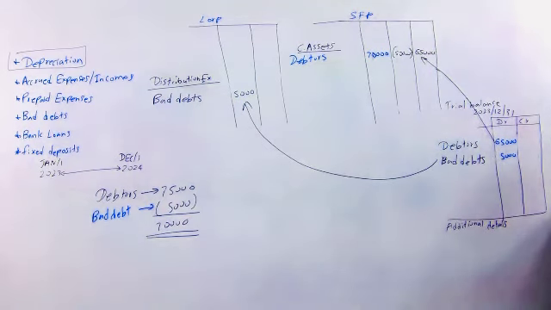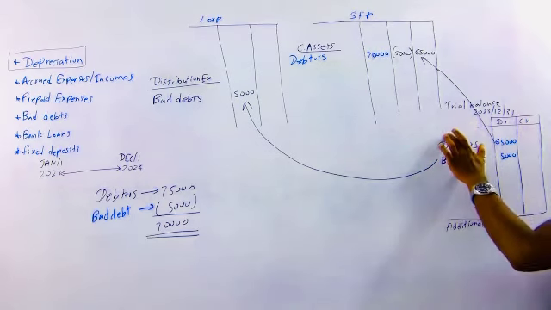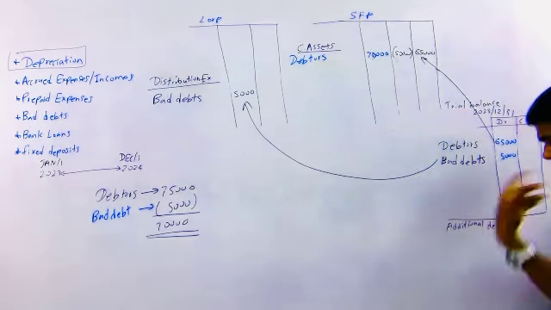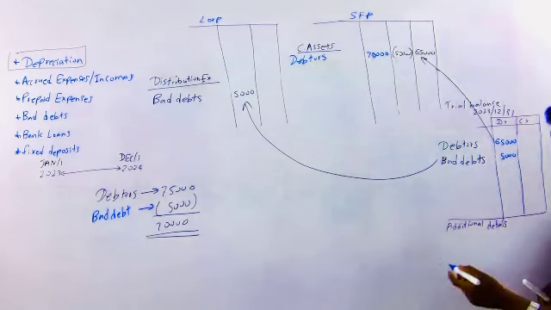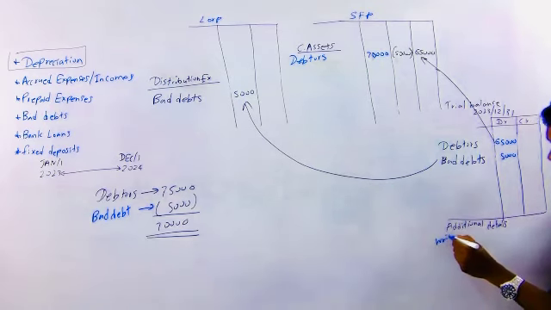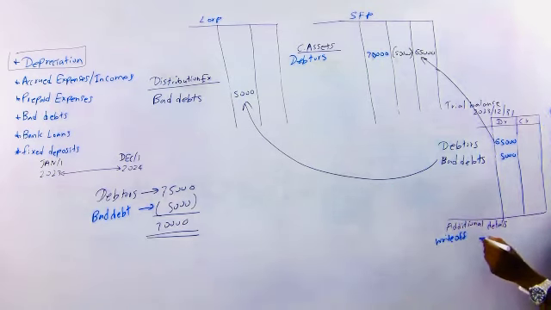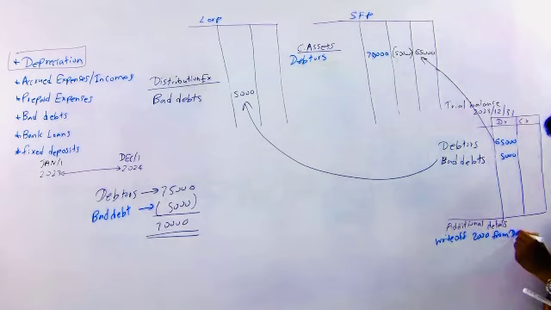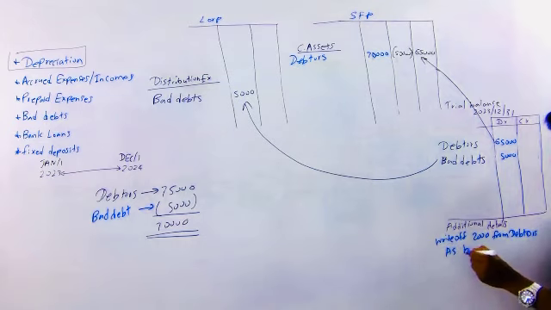This is the situation. And sometimes they are giving bad debts, and for additional details, they are saying another one: write off 2,000 from debtors as bad debts.